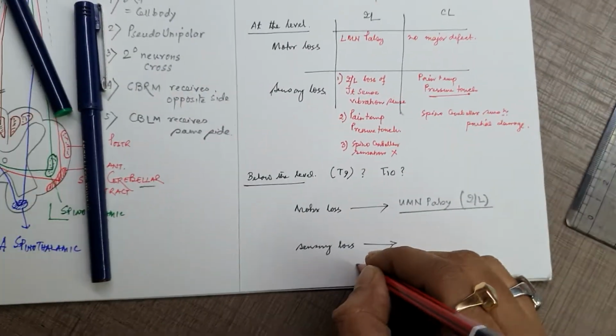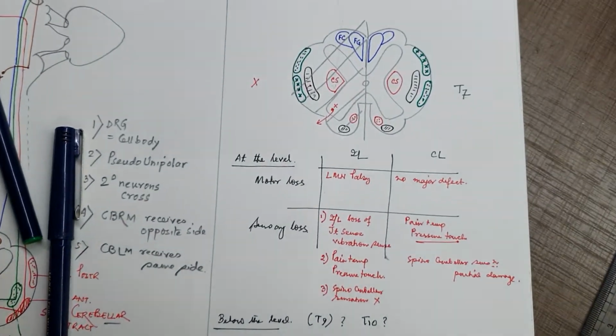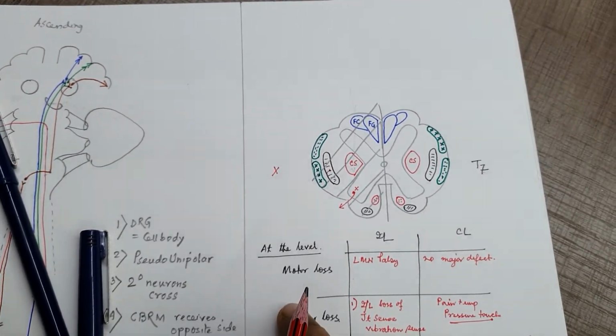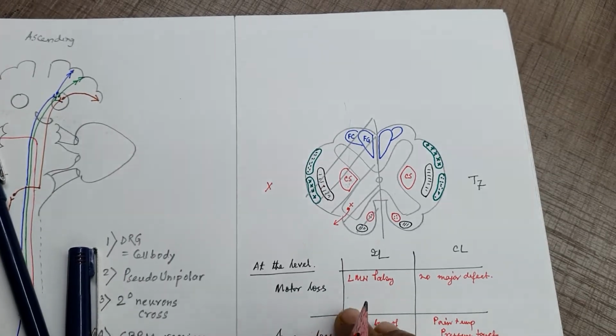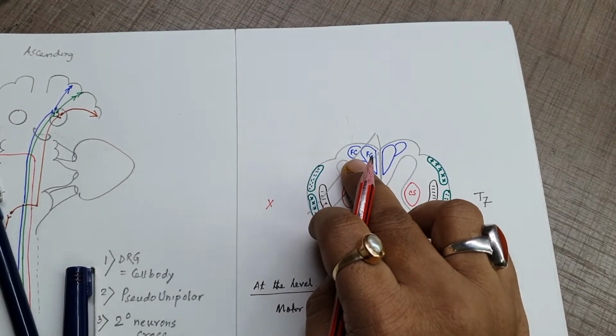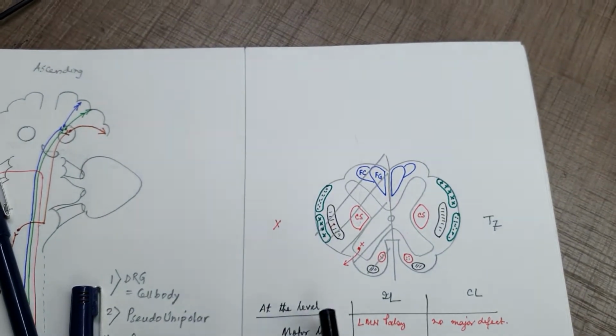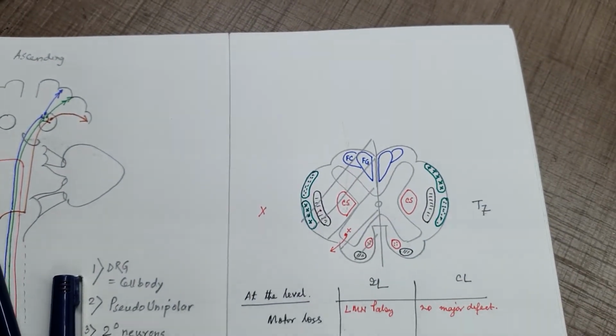What happens for sensory? Just see. From the lower level, whatever fibers ascend, that means joint sense and vibration sense fibers, are gone because they ascend ipsilaterally.